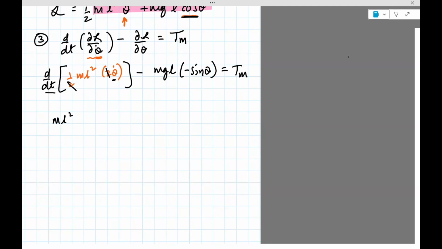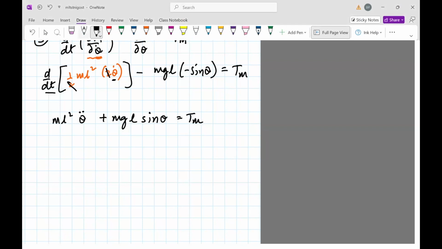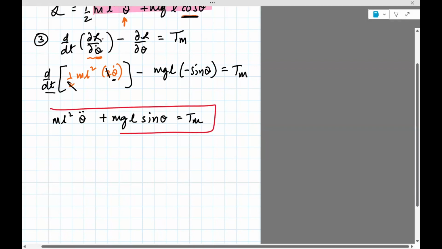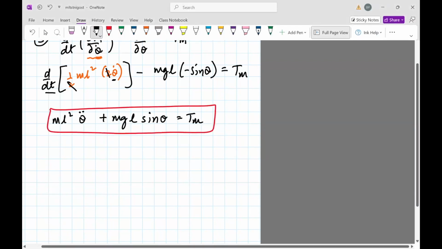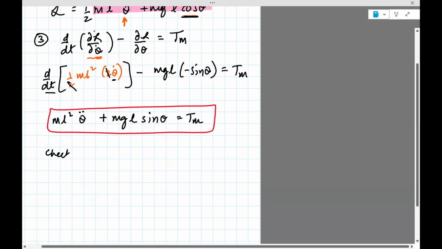So that will be theta double dot, plus mgl sine theta is T m. And so that's the equation. That's the answer.